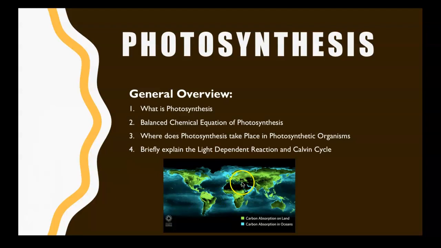Not only does photosynthesis occur on land, but it also occurs in the ocean, which is very important because there's a lot of aquatic plants in the ocean that go through photosynthesis, which is super important as well. Okay, so I thought this map was super cool in showing you where photosynthesis takes place, and it takes place all over the world, whether it be on land or in water.